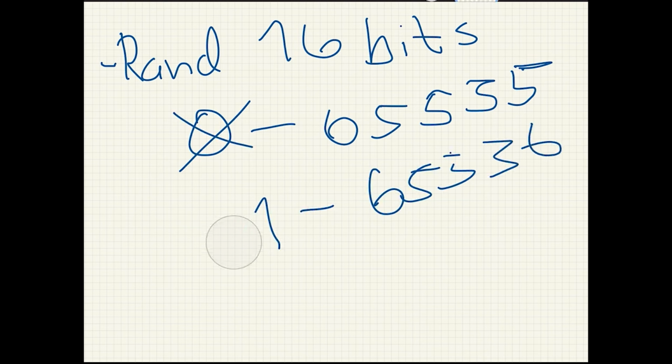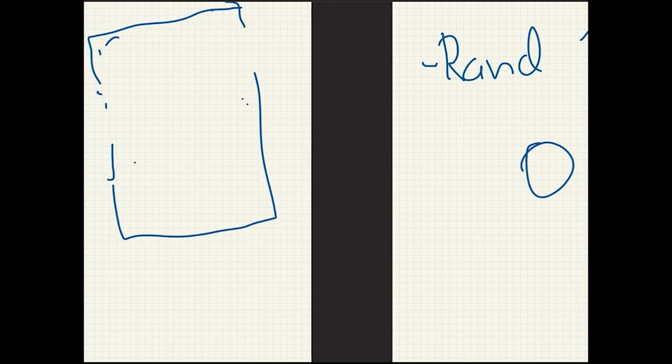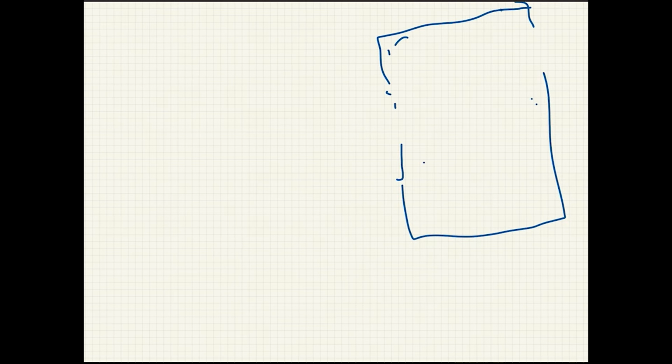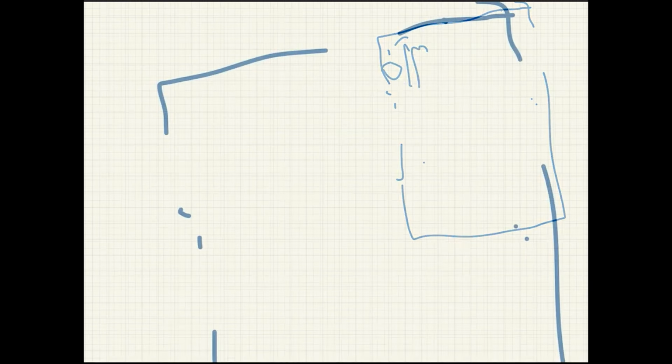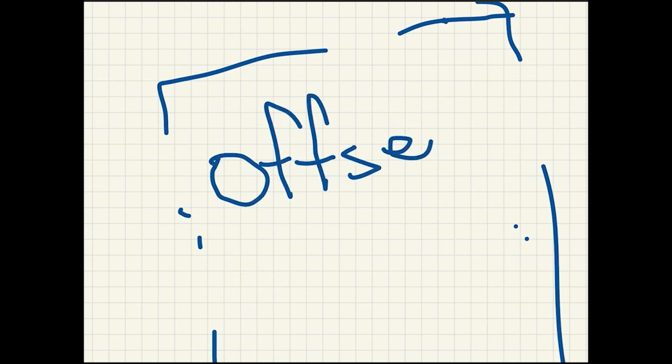I haven't decided that, by the way. Let's do 0 for now. Okay, and where are we going to put that number? Well, first of all, we're going to put that random number, let's call that the offset number. Yes, this is the offset. So the first 16 bits will be an offset.